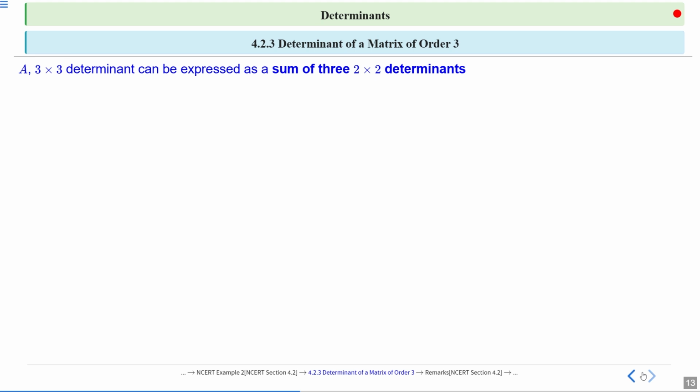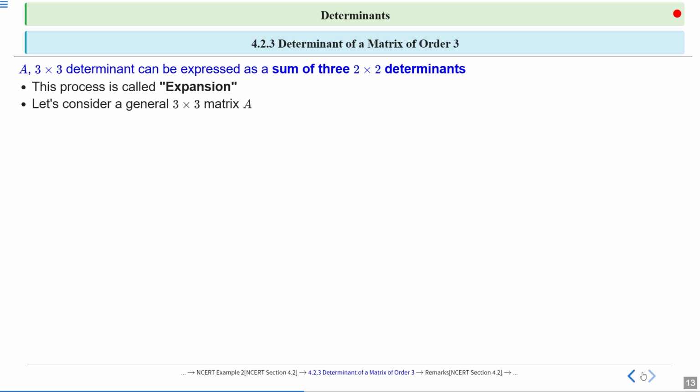So to calculate the determinant of order 3 cross 3, we need to calculate 3 2 cross 2 determinants and then sum them. This process is called expansion, where we break it into 3 2 cross 2 determinants.